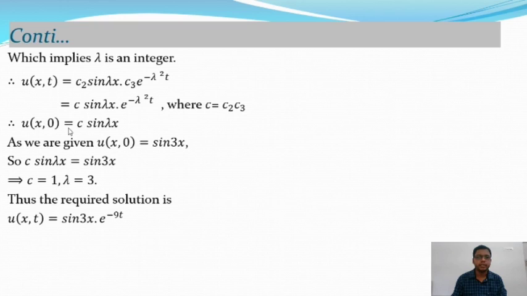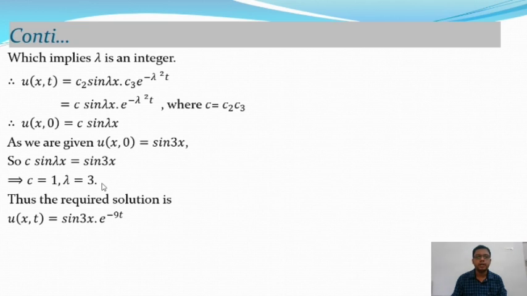From this we will get c sin(λx), where e^0 is equal to 1. As we are given u(x, 0) = sin(3x), therefore c sin(λx) = sin(3x), and from this we will get the two constant values, c = 1 and λ = 3.